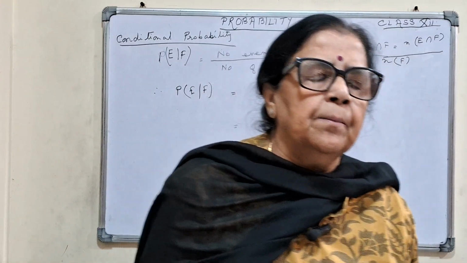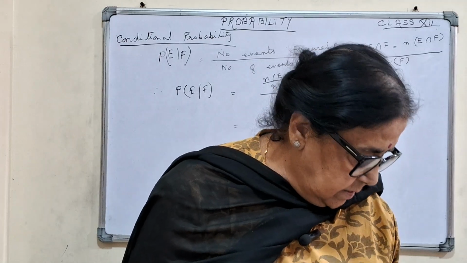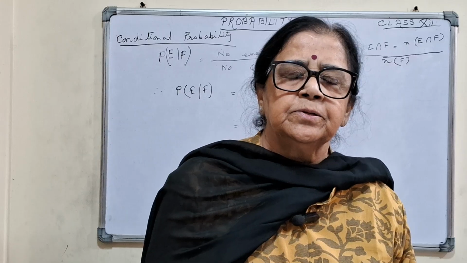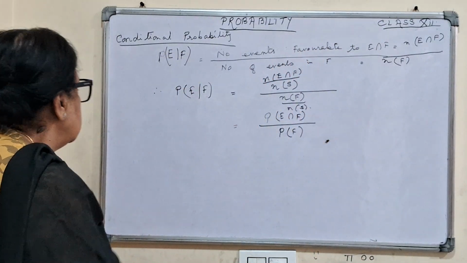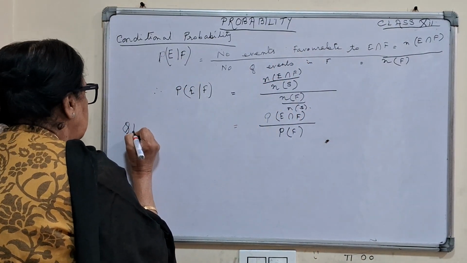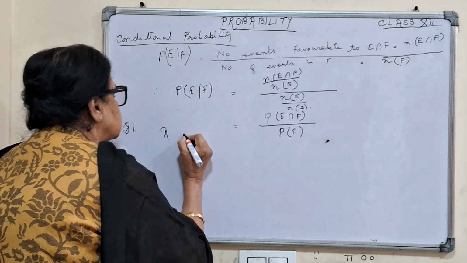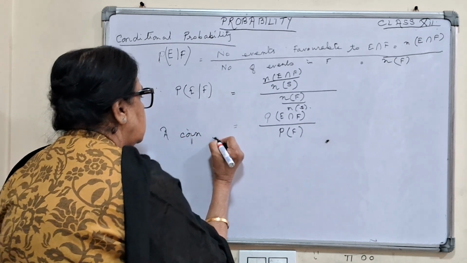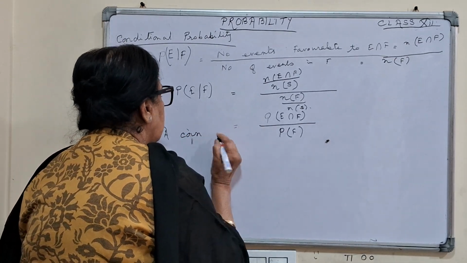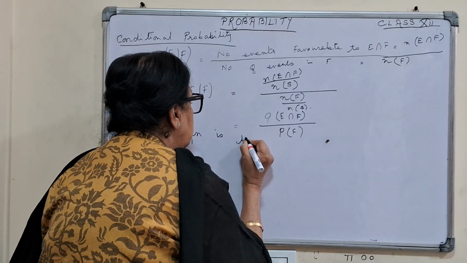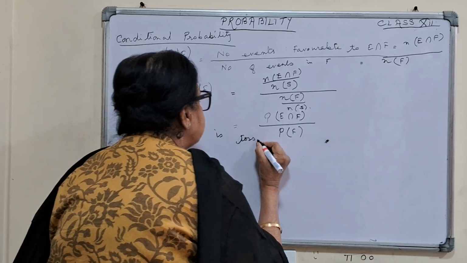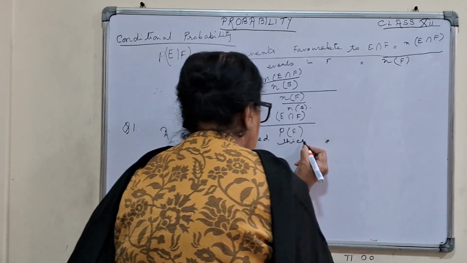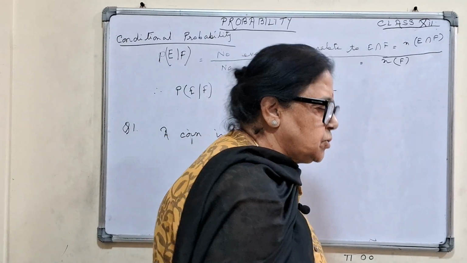Then I give you a sum. A coin is tossed 3 times. Question 1: a coin is tossed thrice.